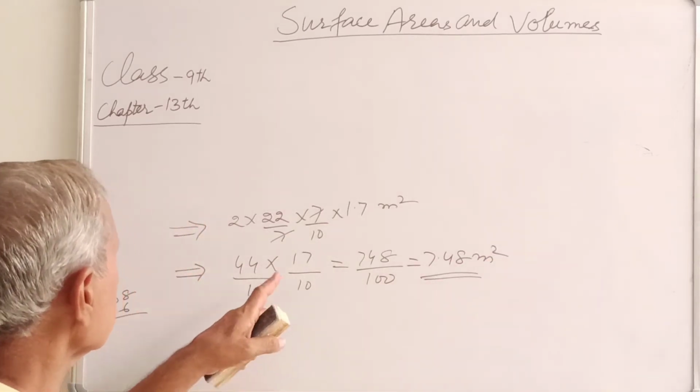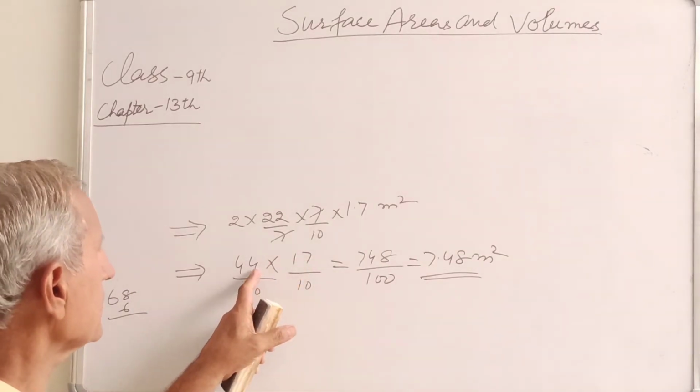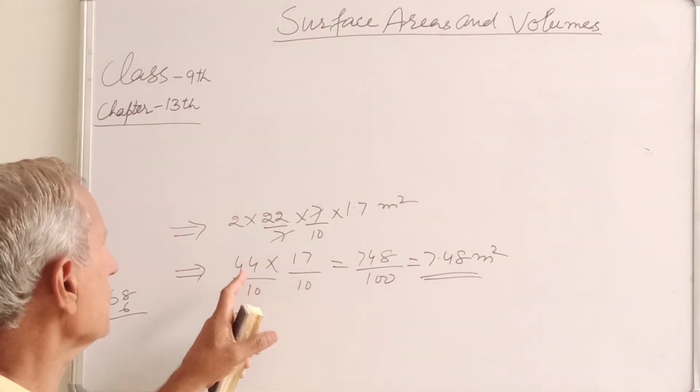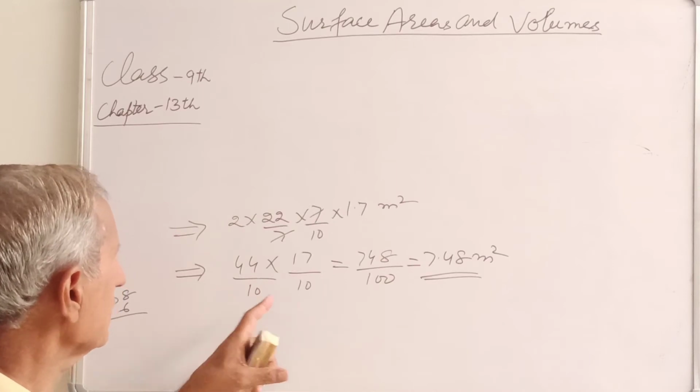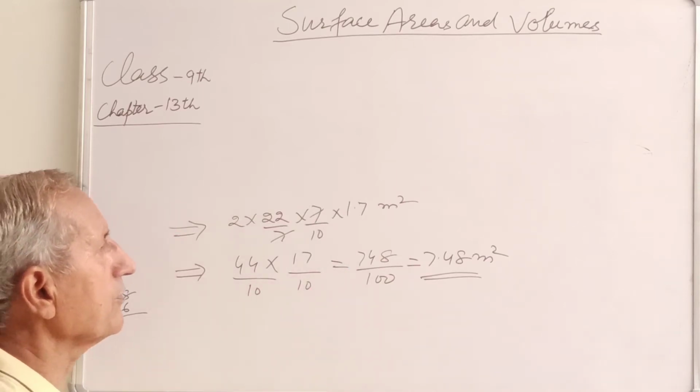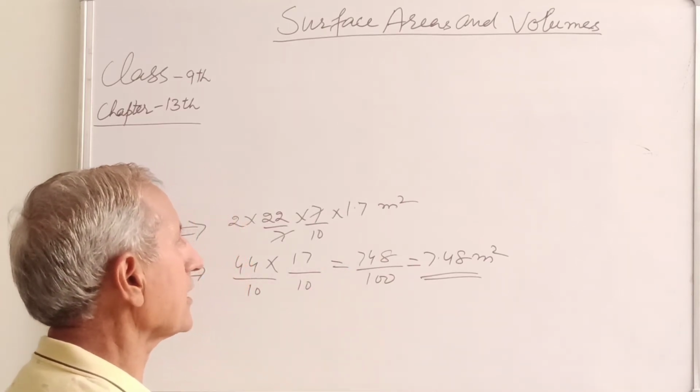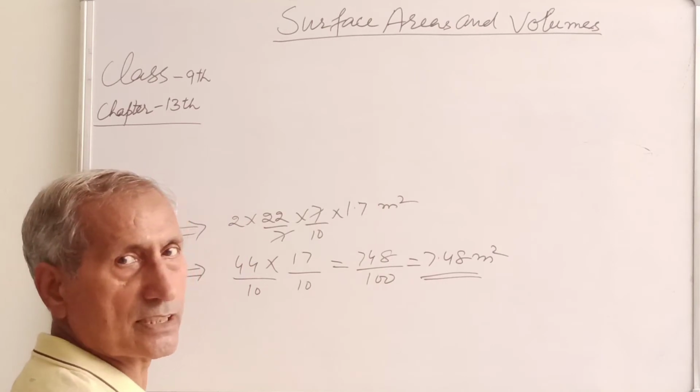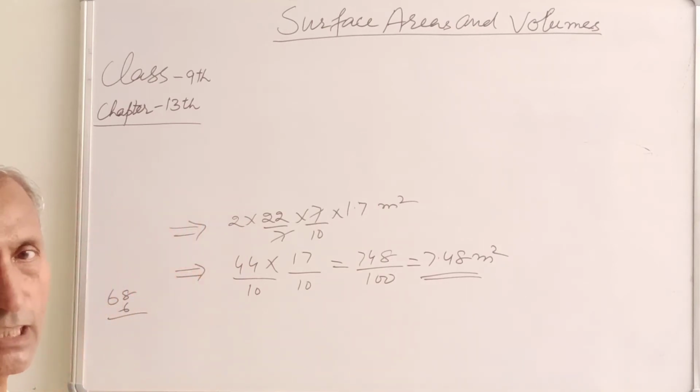So calculation is 17 into 4, 68, 17 into 4, 68 plus 6, 74. 748 divided by 100, that is 7.48 meter square. So this was the answer.